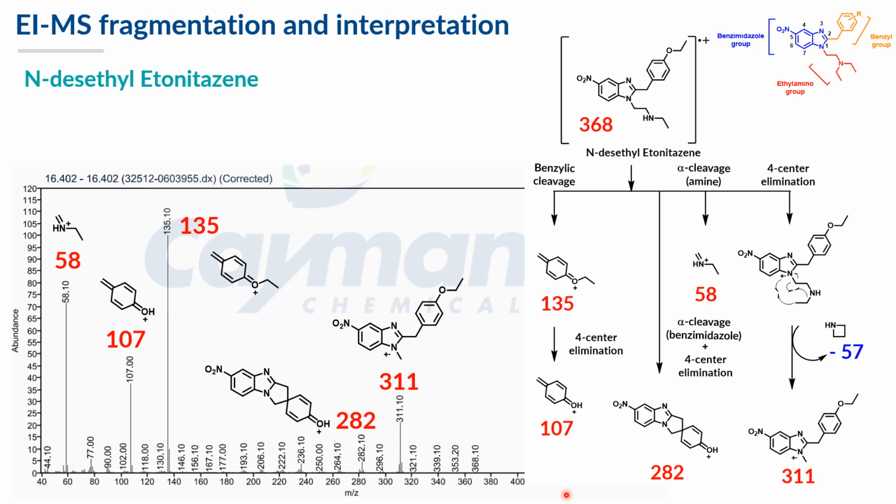The ethyliminium ion from alpha cleavage is the second most prevalent peak at 58. We see our alkoxy four-center elimination ion at 107, and the ethylamino four-center elimination ion at 311. Now, if we add 57 to 311, we get 368, which is our molecular ion. And you can see there's a little peak right there for it as well.